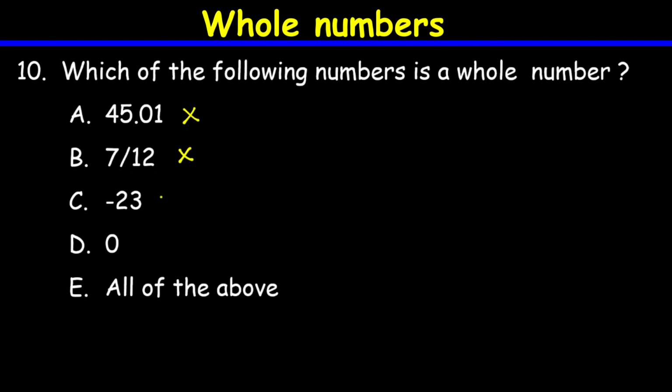Negative 23 is not whole number because negative 23 is negative number and whole numbers do not include negative numbers. 0 is whole number. Whole numbers include 0. Choice A says all of the above, which is not correct because numbers in choices A, B, C are not whole numbers. Therefore, the correct answer for this question is choice D.